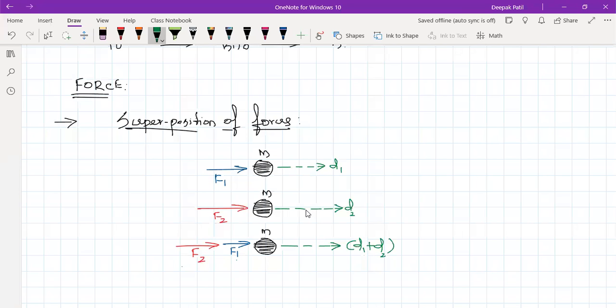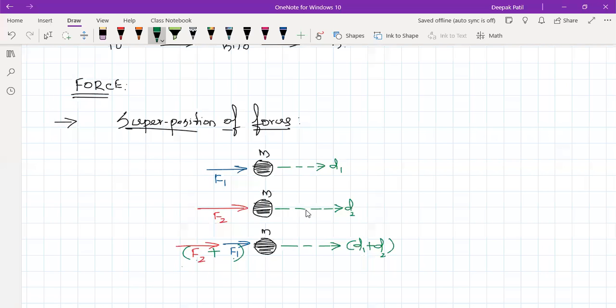Can you correlate this, students? Yes, sir. I will repeat once again. The principle of superposition of forces states that the combined effect of forces, that is F1 plus F2 in this case, is the following.